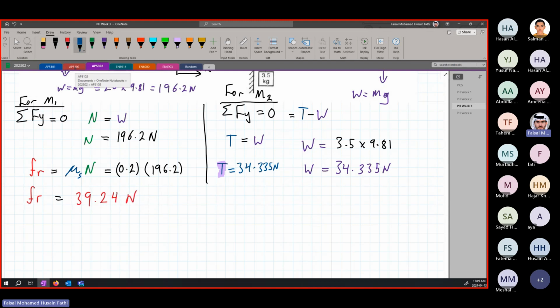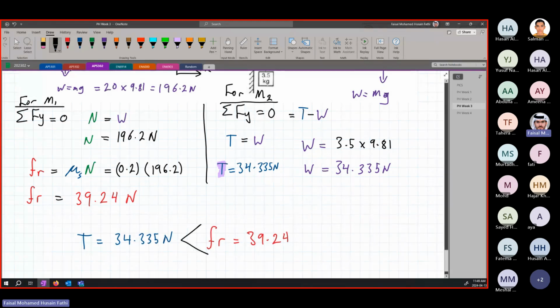We compare our tension force T, which is equal to 34.335 newtons, with our friction force Fr, which is 39.24. 34 is smaller than 39, so if the friction force is larger, that means no motion. If the friction force is less, there will be motion. If it's larger, there is no motion.